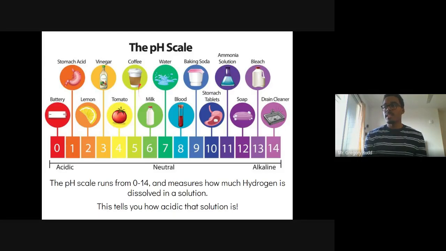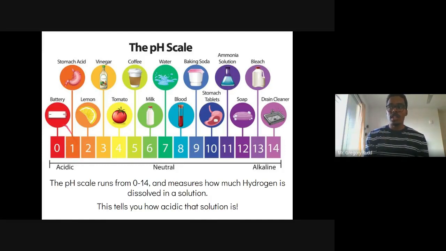Now we're starting to get into things that are more neutral. Now you might wonder why the colors are the way they are. We've got things called indicators, which can tell us how acidic something is. So, we've got pH paper, which we can literally dip into a solution and it will come out and be a specific color. If it's red, that tells you that it's something that's really acidic.